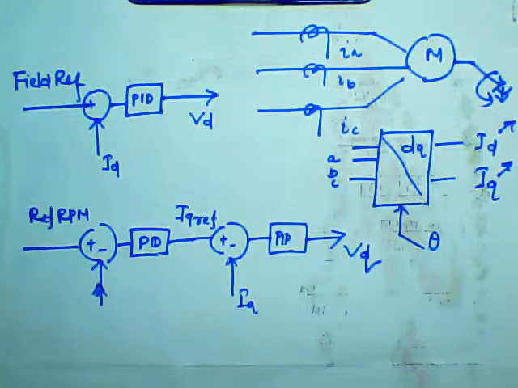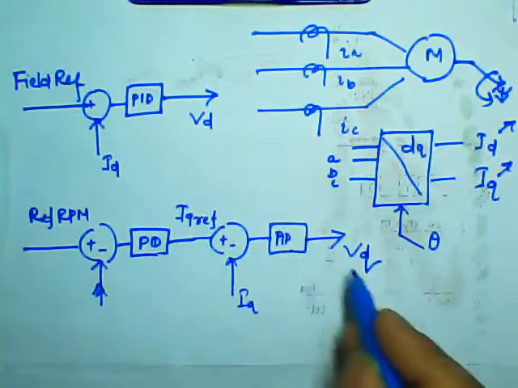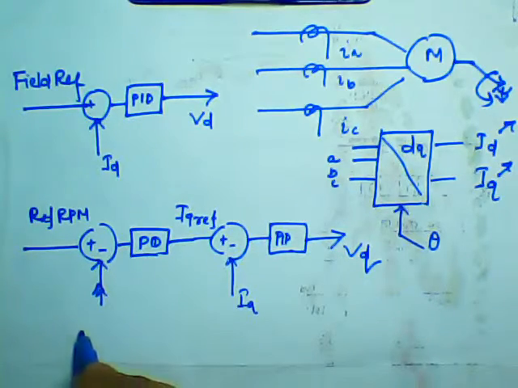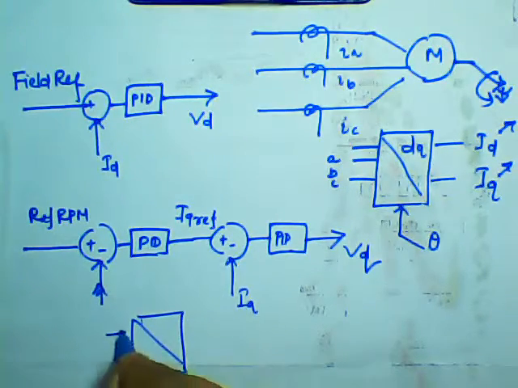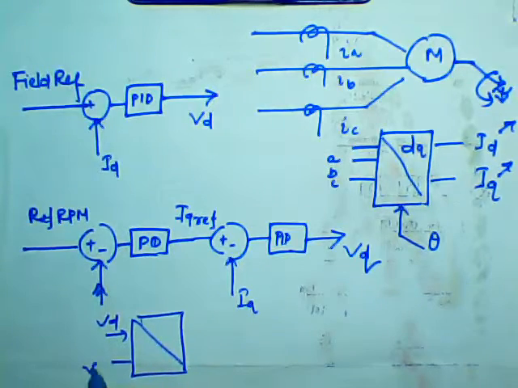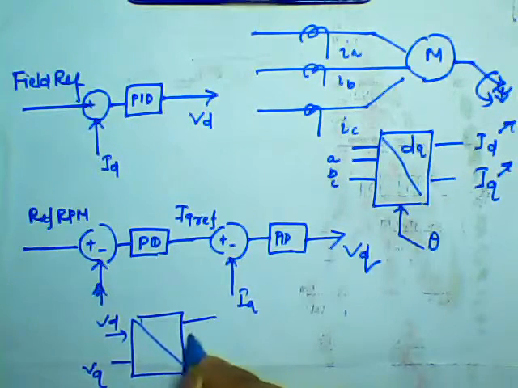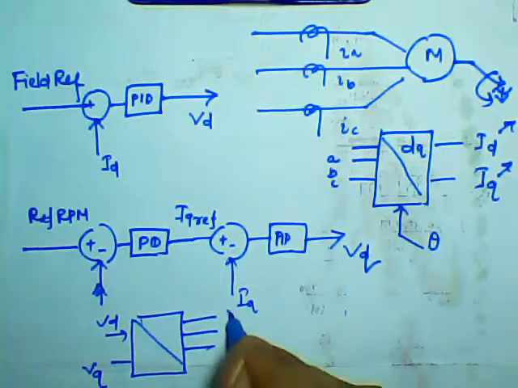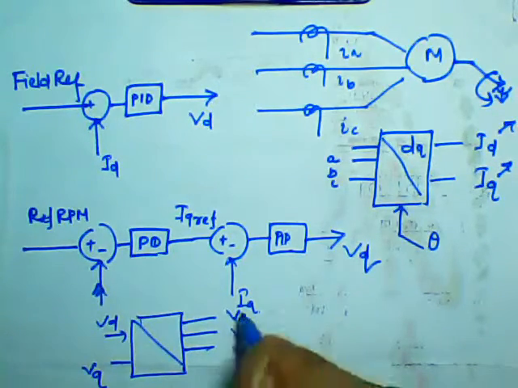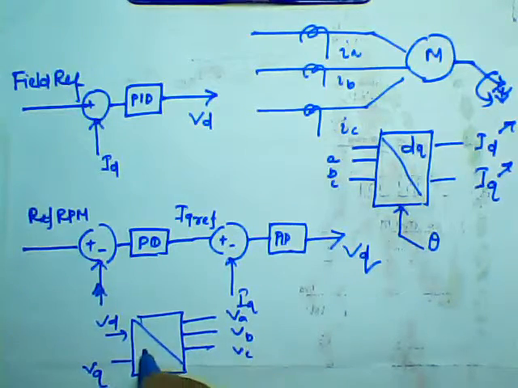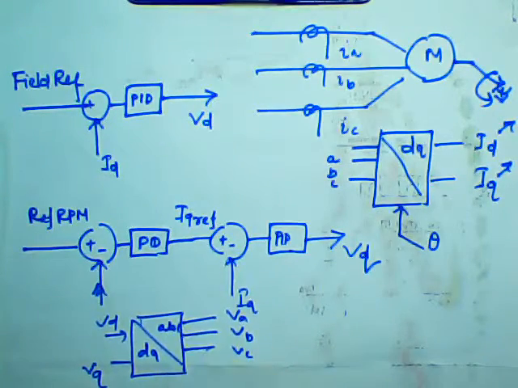Now once you get this VD and VQ, from there I have to get VA, VB and VC. This is my reference voltage for my switching, with DQ on this side and ABC axis on this side. So here again I want theta.